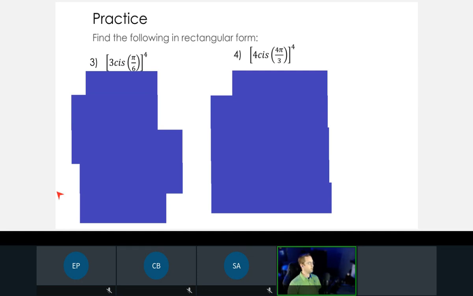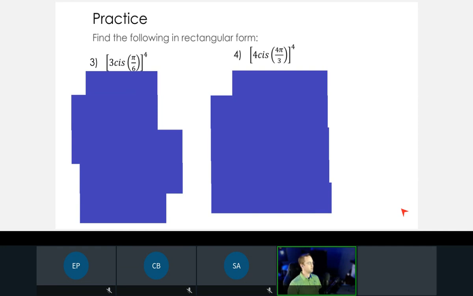All right. What did everyone get for number 3? What's the answer? That looks like a nasty answer. Maybe that's why no one wants to type it in.